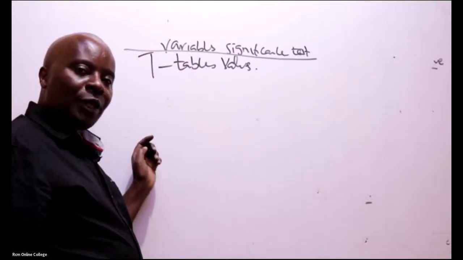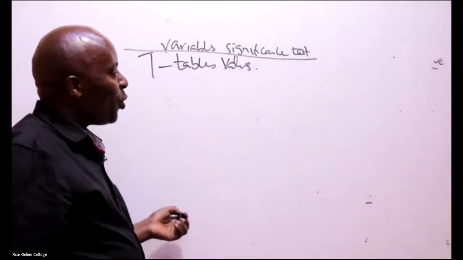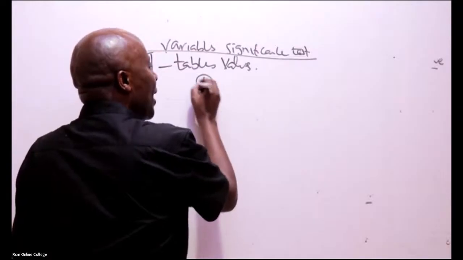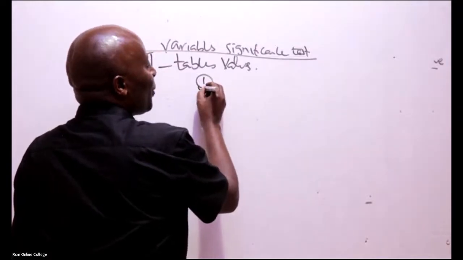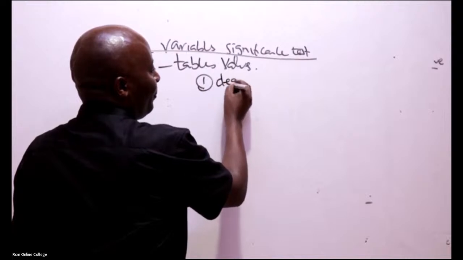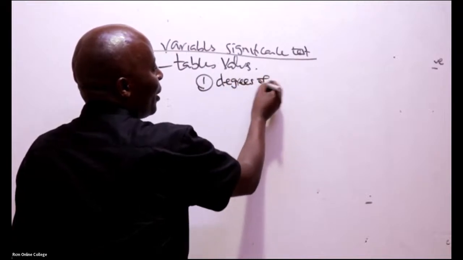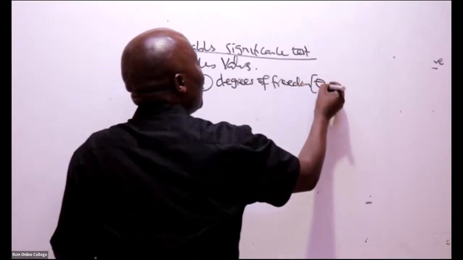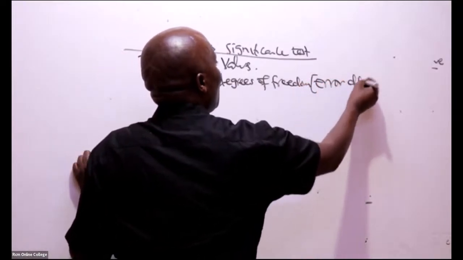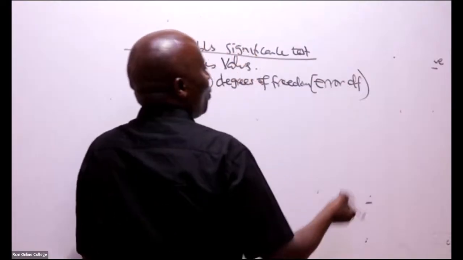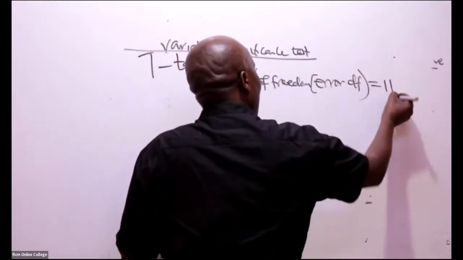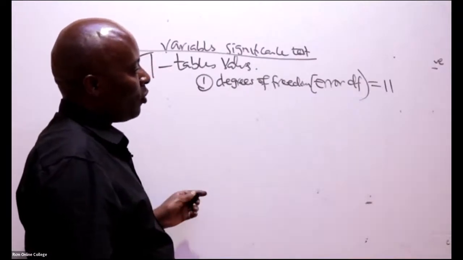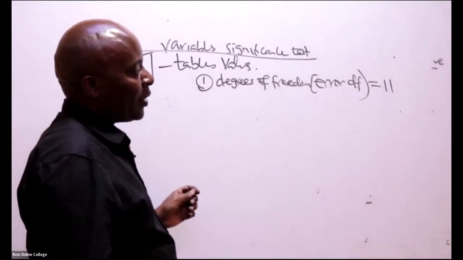For us to be able to read this T tables value, what do we need? We need degrees of freedom. These will always be the error degrees of freedom, which you had given to me as 11.